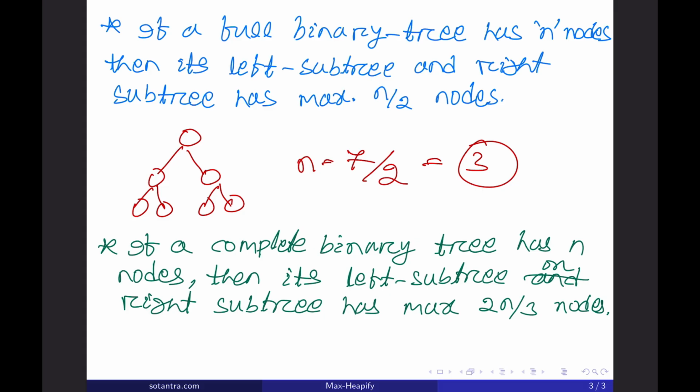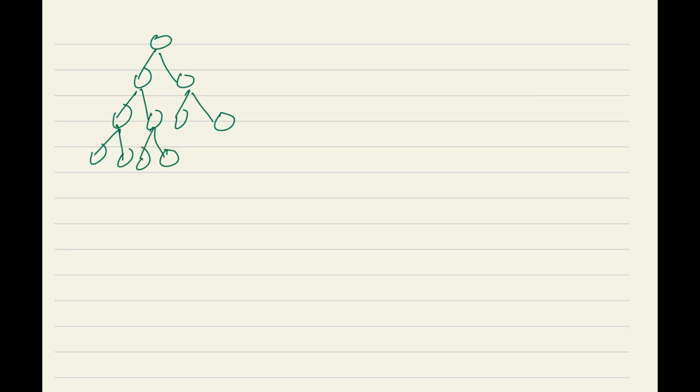Suppose we consider this one. We have a tree like this. It is a complete binary tree. How many nodes are there? Here you can see 11 nodes are there.